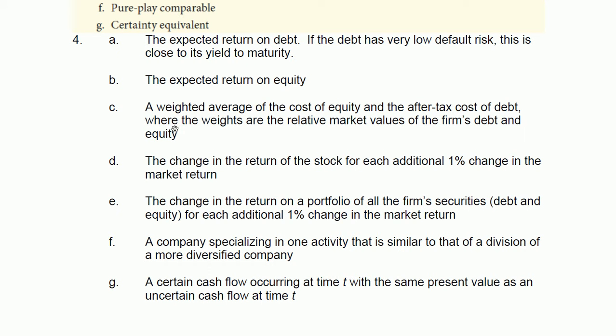F, pure play comparable is a company specializing in one activity that is similar to that of a division of a more diversified company. We often use the comparables when we are doing the firm valuation. G, certainty equivalent is a certain cash flow occurring at time t with the same present value as an uncertain cash flow at time t.